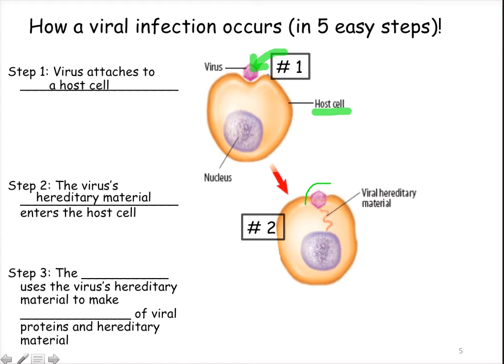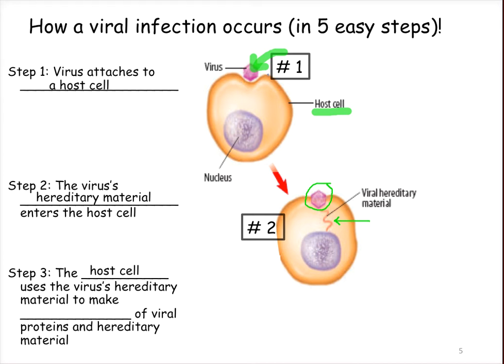So here we see the protein coating of the virus staying on the outside, whereas only the hereditary material, whether it's DNA or RNA, it will depend on the type of virus, is going to go into the cell. The protein coating will stay on the outside.